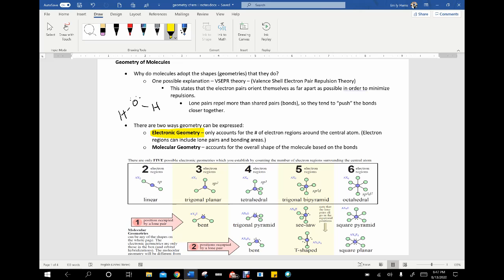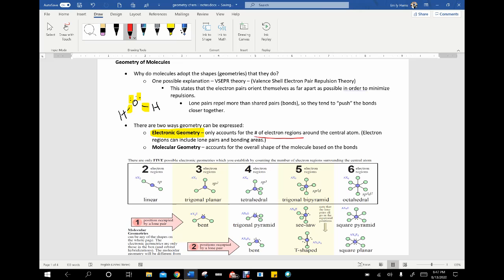It could be a lone pair or a bonding area. For our sample water molecule, our central atom is oxygen, so we count around it and see that we have 2 bonds and 2 lone pairs. That gives us a total of 4 electron regions.